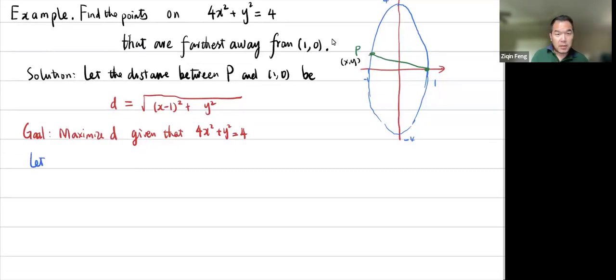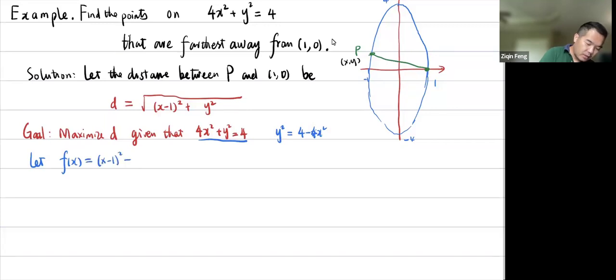Okay, now at the same time we can do a substitution because this one here says y squared is 4 minus 4x squared, right? So let f of x equal (x minus 1) squared plus 4 minus 4x squared, right?